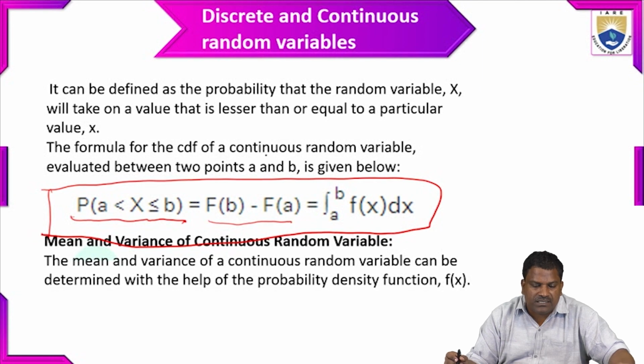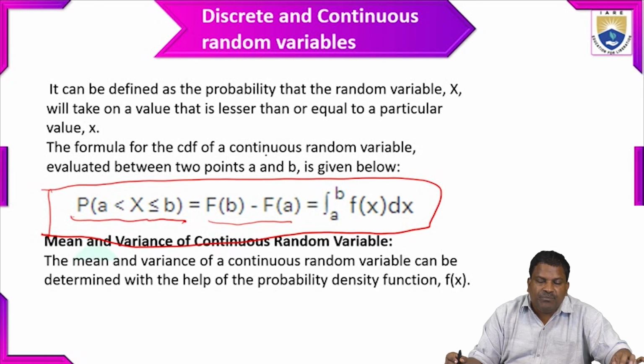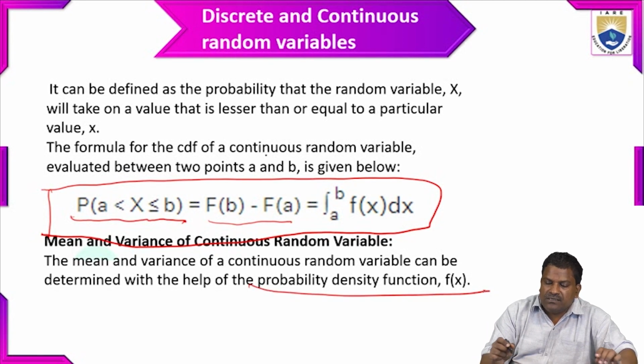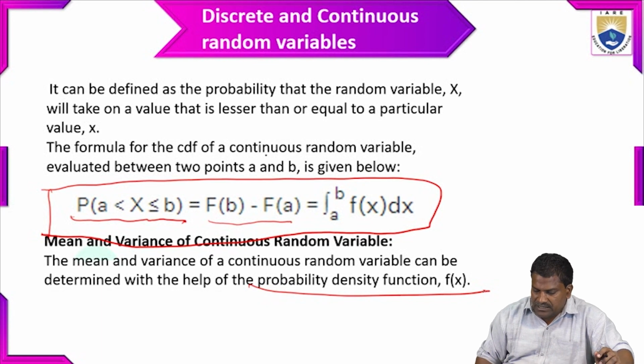Now let us discuss mean and variance of continuous random variable. The mean and variance of a continuous random variable can be determined with the help of the probability density function f of x.